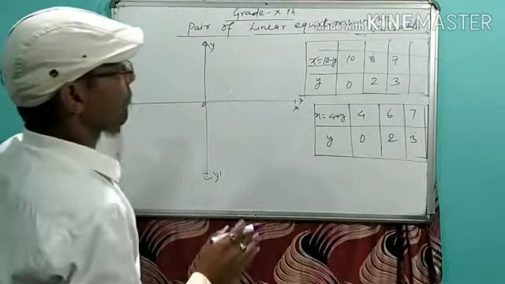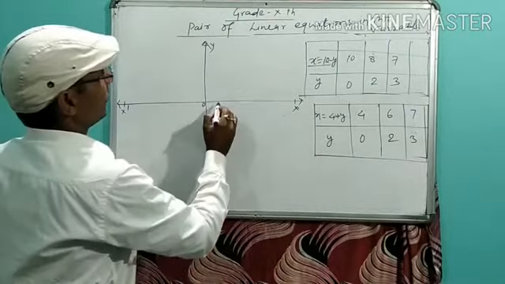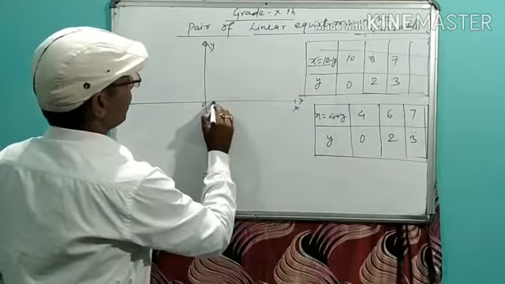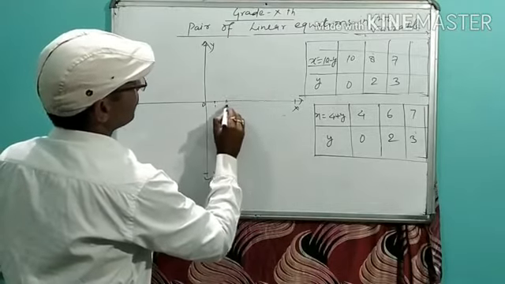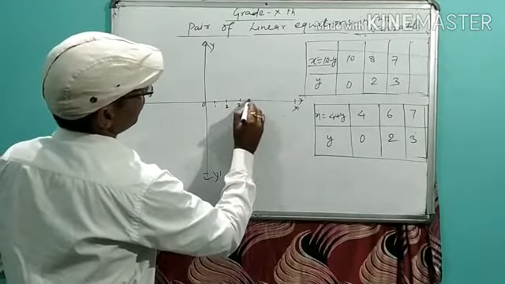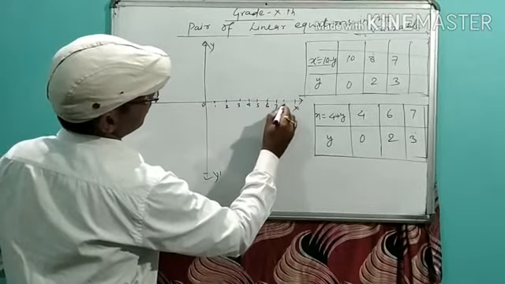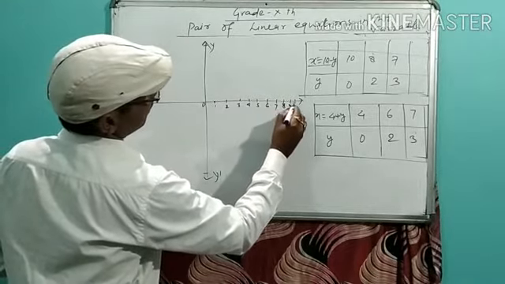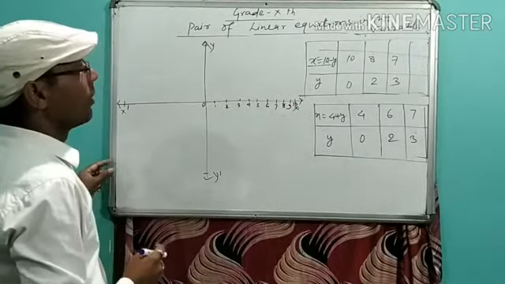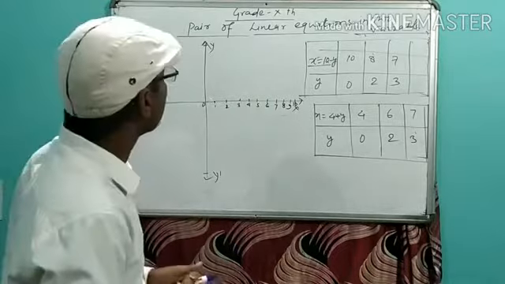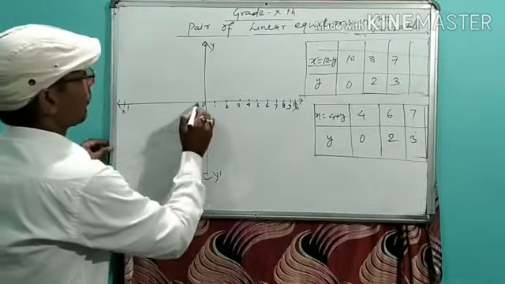There are 4 quadrants, you know very well. Take at least 10 on the axis: 1, 2, 3, 4, 5, 6, 7, 8, 9, 10. This should be on graph paper.